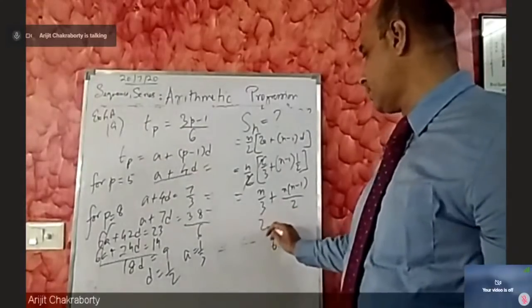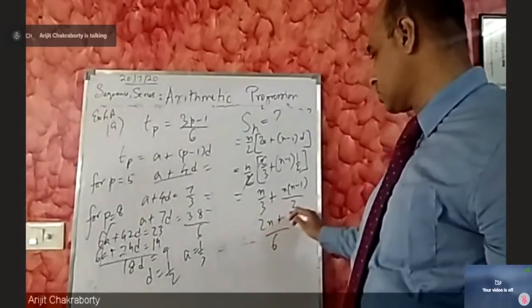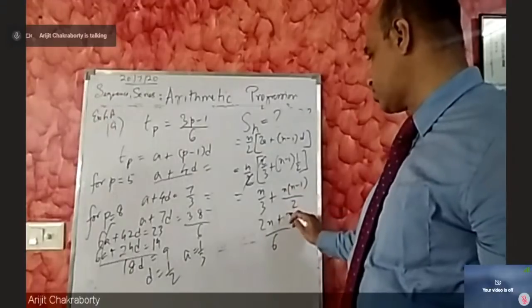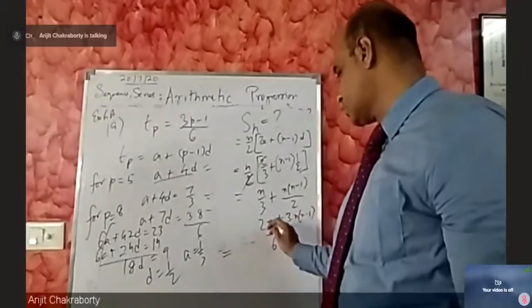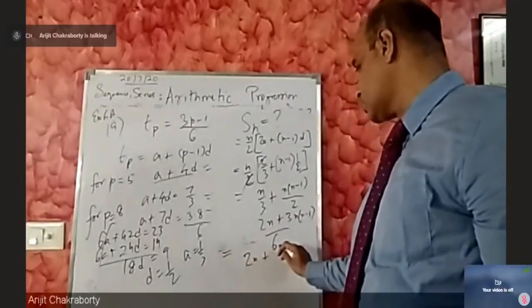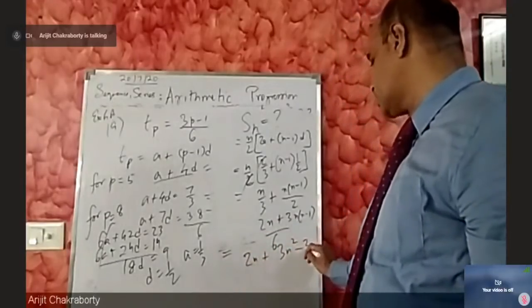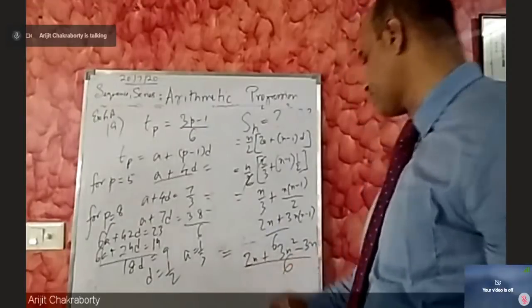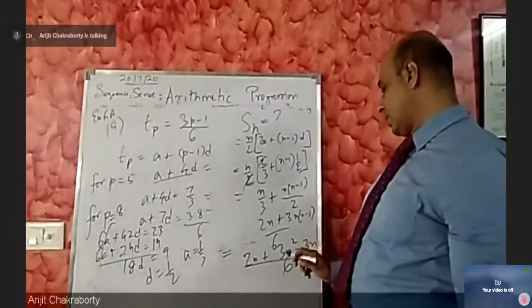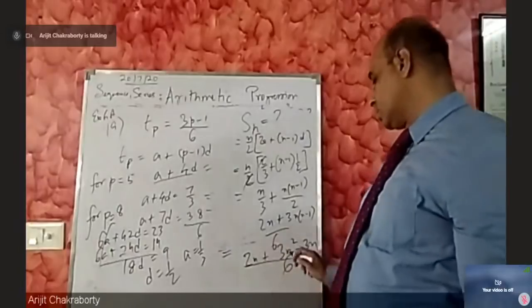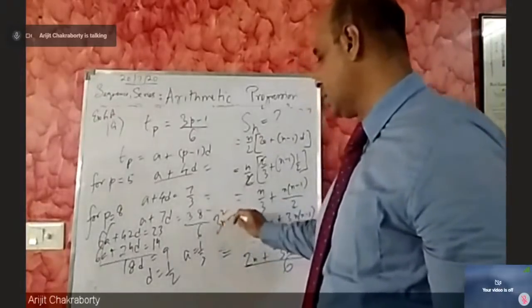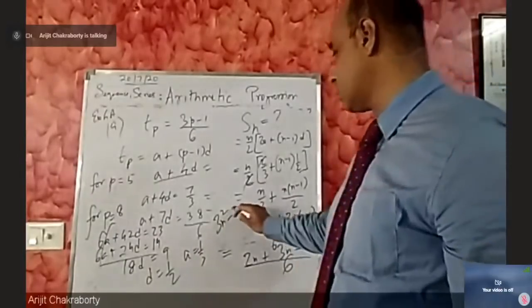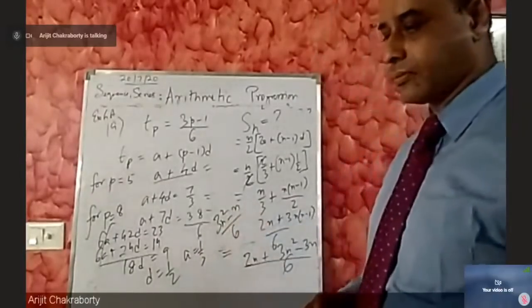So 2n plus 3 into (n minus 1). That is 2n plus 3n square minus 3n by 6. 3n square minus 3n plus 2n. So it becomes 3n square. The answer is (3n square minus n) by 6.